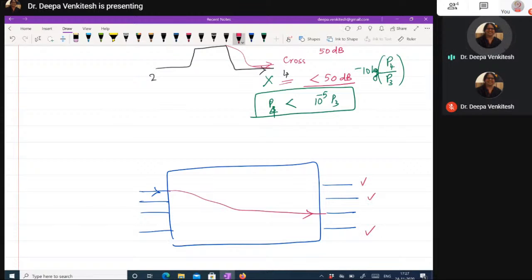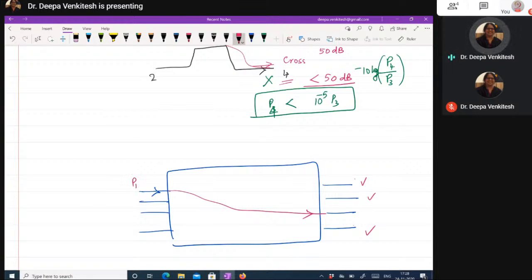In the worst case, we get each of them at the output with a relative attenuation of 10 power minus 5. So what should be the crosstalk? There will be 3 times 10 power minus 5. So there could be 3 outputs which are at 10 power minus 5 times less. Let me explain.